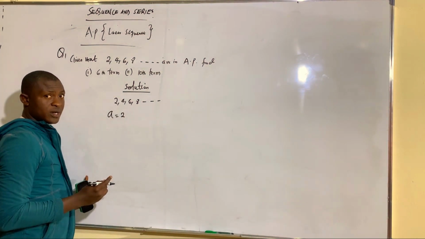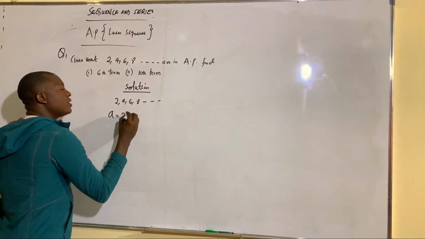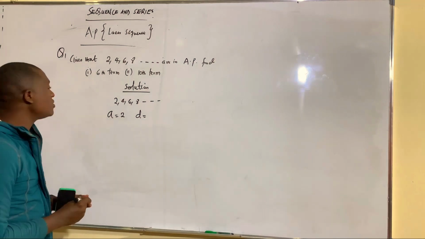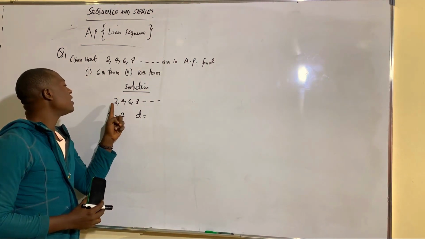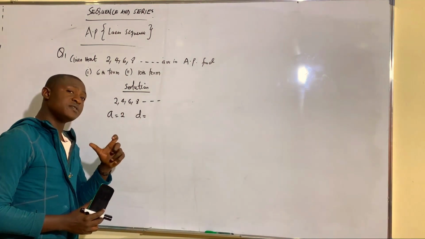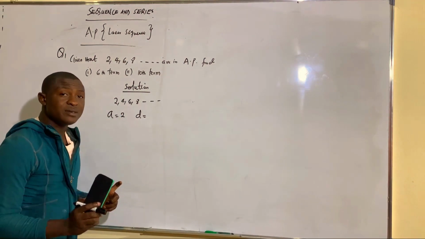I hope you are following, right? Nice. Now I want to find the common difference. I told you it can be found between any terms. You can find it between the first term and the second term, or the third term and the second term. If it's an AP, they must have the same difference.